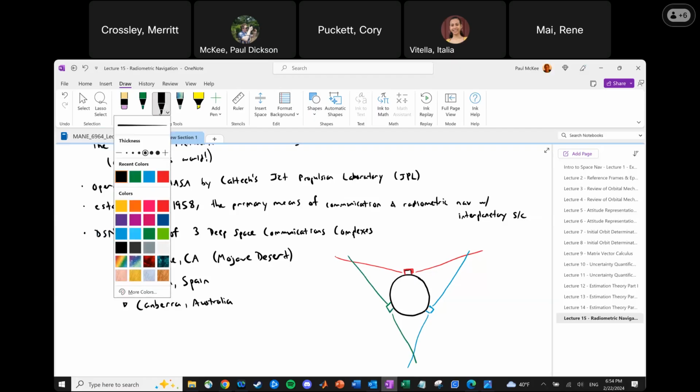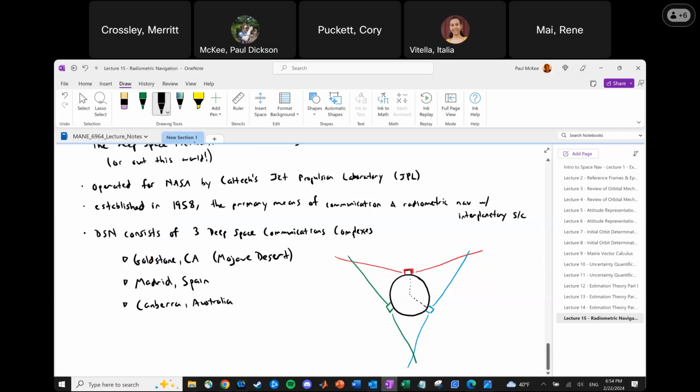So if you're really smart about how you place your ground stations, roughly 120 degrees apart, that gives us the best possible coverage of deep space. These were chosen very strategically. 120 degrees, it's not exact, but you get the idea. Each complex has several antennae.